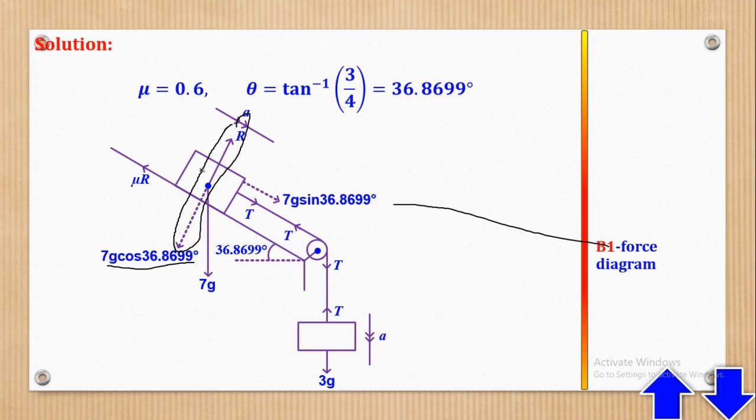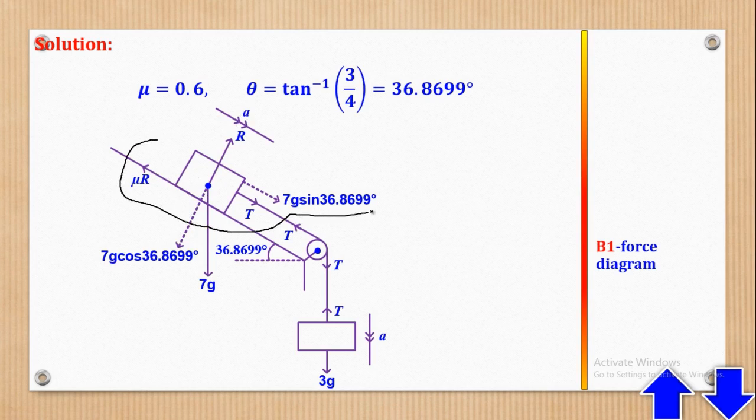Then parallel to the plane, we are interested in these forces and that acceleration. So that means that downwards it will be 7g sine 36.8699 plus capital T minus mu R is equal to ma, where m is 7 kilograms.